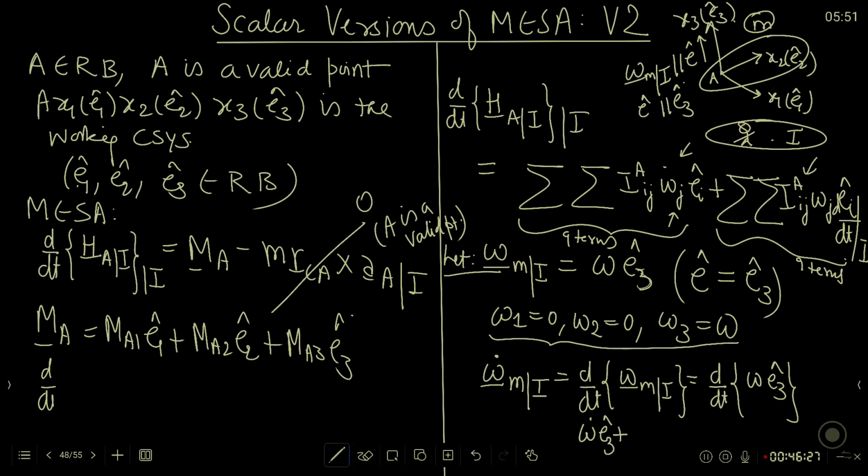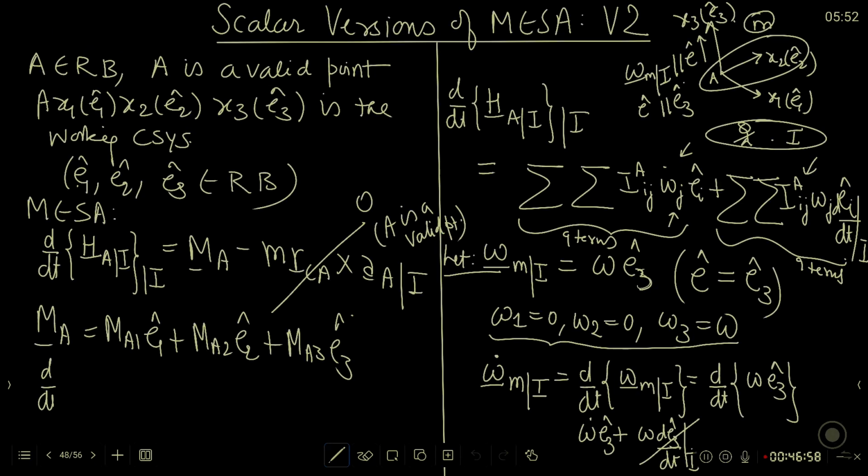This is a given condition. So omega dot mi is simply omega dot E3. What does it mean? Omega dot mi implies that omega 1 dot is 0, omega 2 dot is 0, and omega 3 dot is simply omega dot.